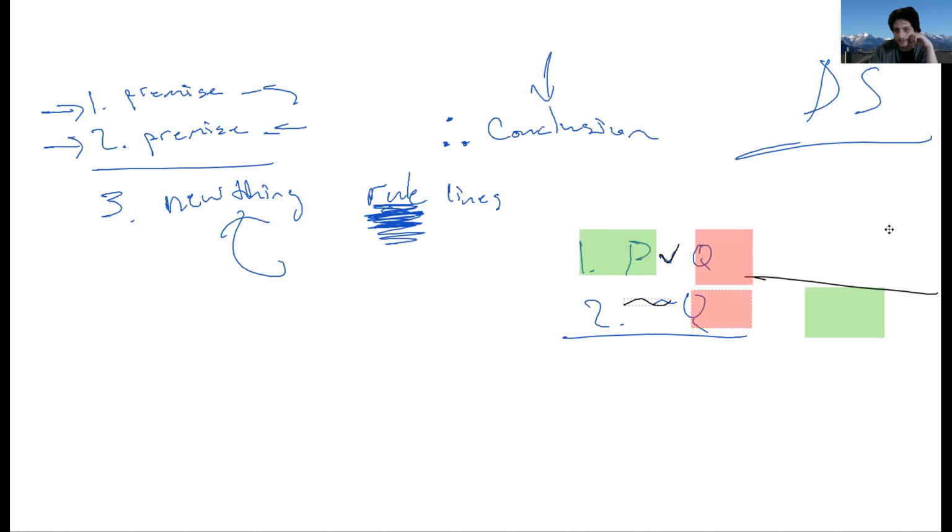That's exactly what this is. That means it gives me the green at the end, so I can put in P, just taking whatever was on the left side of that OR.